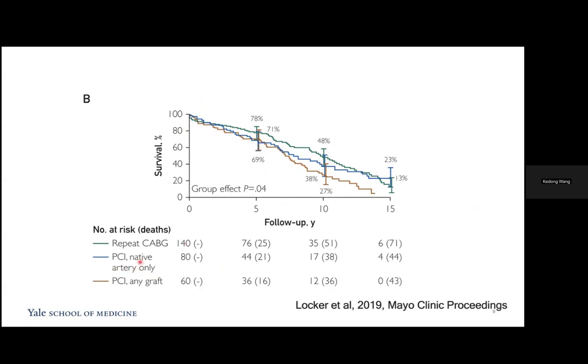The study also differentiates between PCI to the native artery versus PCI to grafts because there is a difference. Generally, PCI to the graft does worse than PCI to the native arteries.